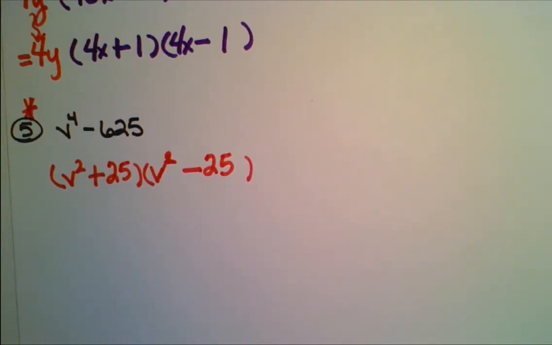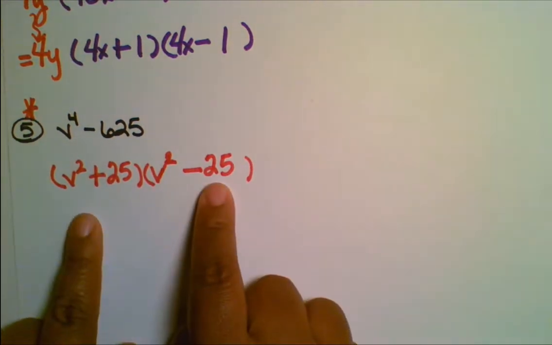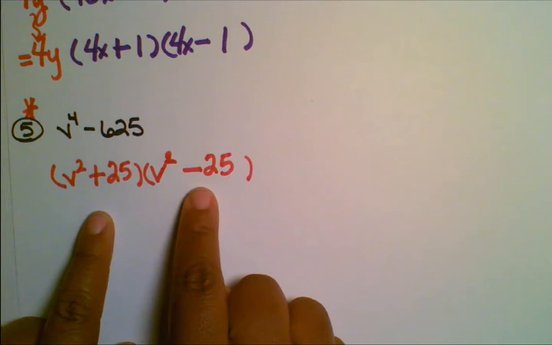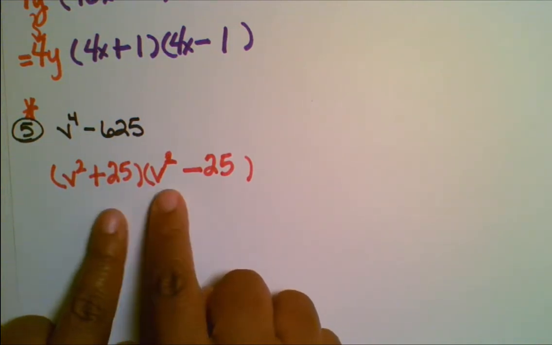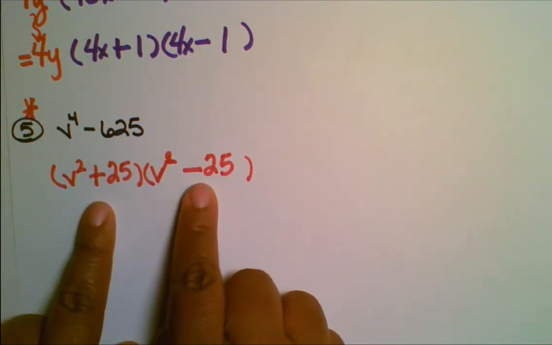But what I do want to say is sometimes with the factoring process, the steps, the guide, you may have to start over because you have to look at your factors and say, well, can I do anything else to these factors? Can any of these factors be factored again?